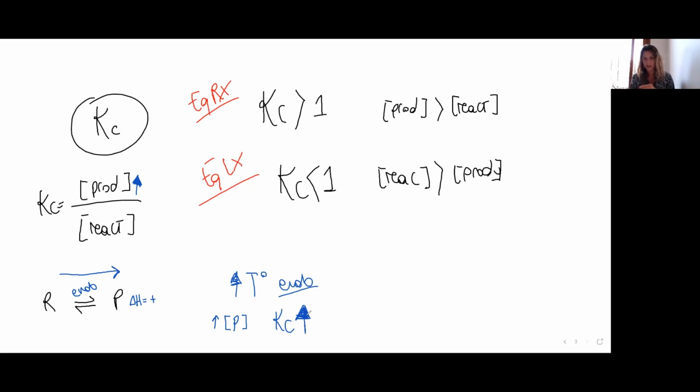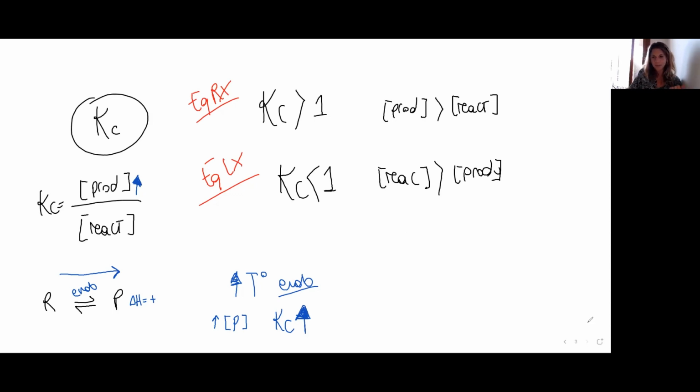The thing to remember is that all of these K constants are affected just by the temperature, because pressure and concentration do affect the position of equilibrium, as according to Le Chatelier's principle the equilibrium will shift to counteract the change. But before that shift, a change has been applied.